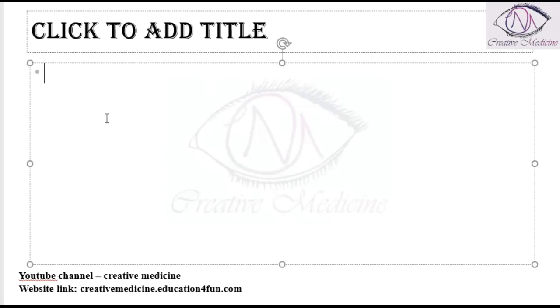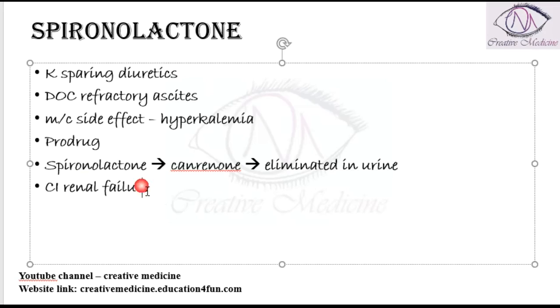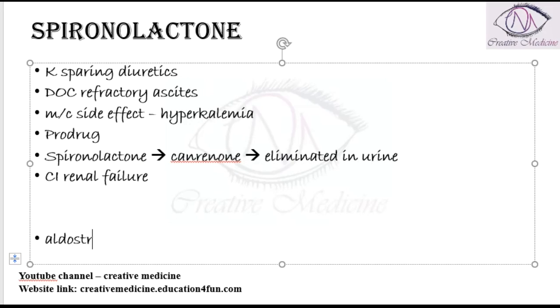These drugs, mainly spironolactone, are potassium sparing diuretics. They are actually aldosterone receptor blockers.